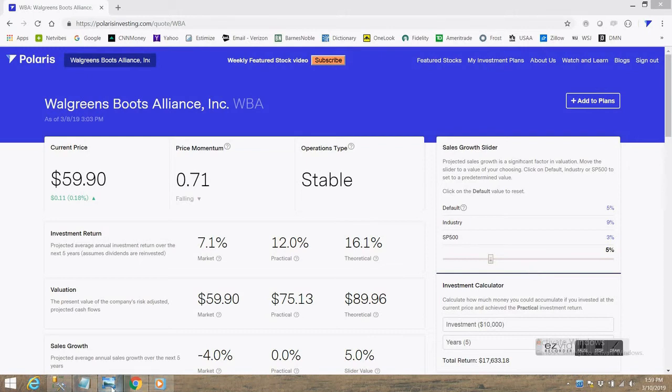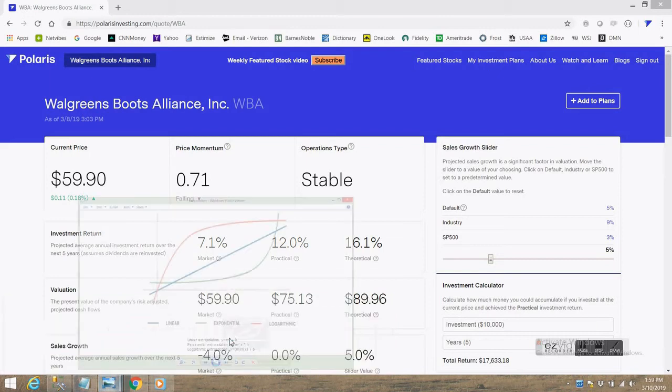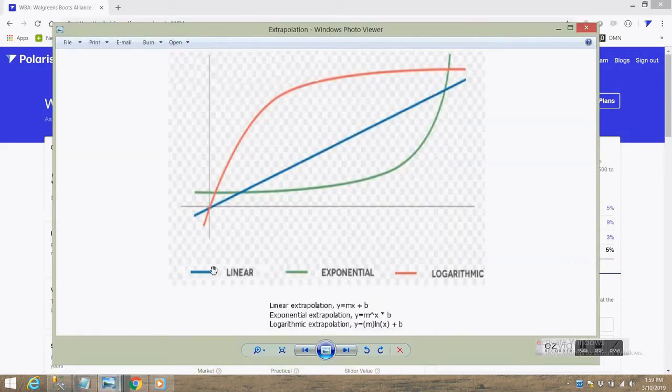So let's look at what we're talking about here with the different types of extrapolation that are typically used, and that is either a linear, exponential, or logarithmic. But if you're back here in history and you're looking at a particular recent period of time, and let's keep it simple, you're using linear extrapolation, which is using this familiar formula for a straight line.